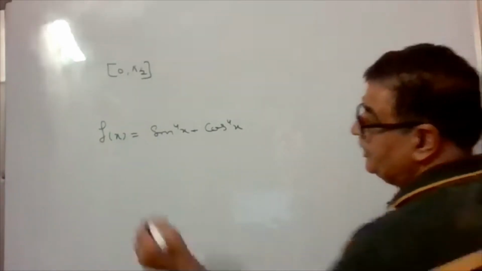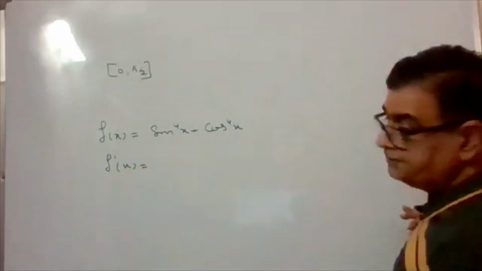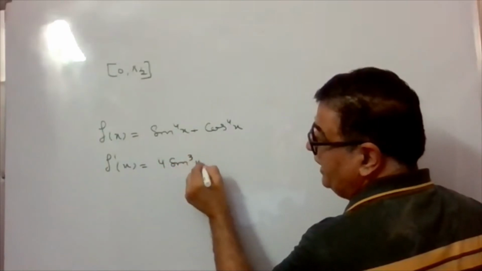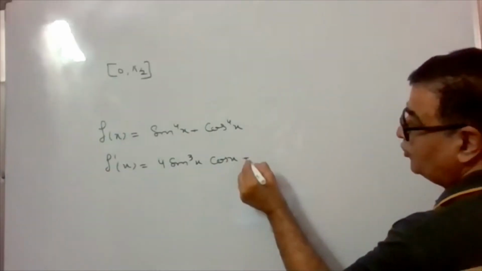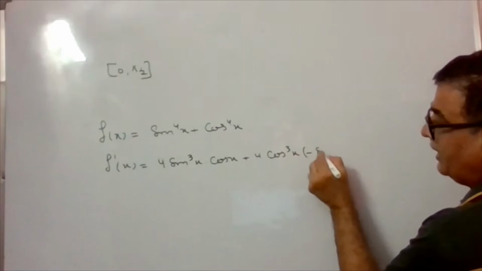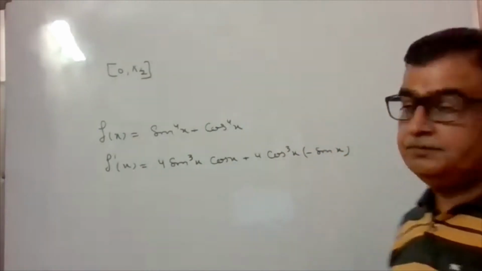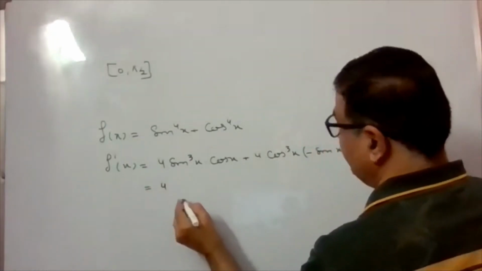When you differentiate, f dash x is equal to 4 sin cube x into cos x, then 4 cos cube x into minus of sin x. Then the common will be what? 4 common we can take.